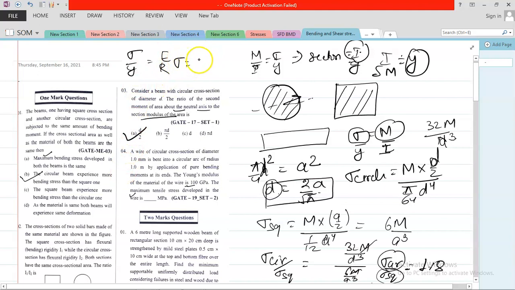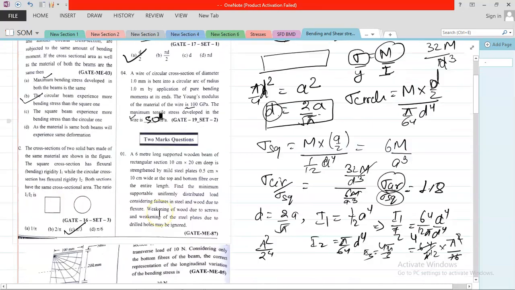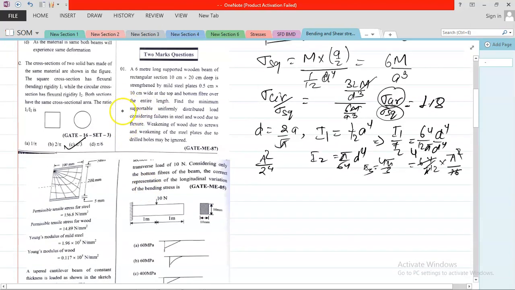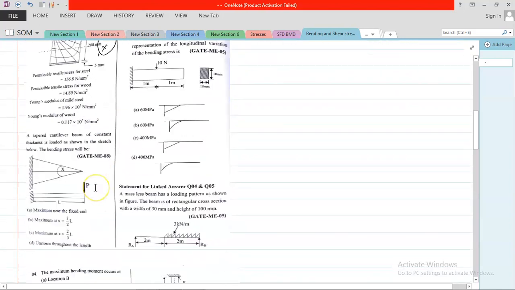So the value is 100 × 10^3 MPa × 0.5 × 10^-3 divided by 1, which is around 50 MPa. So the answer is 50 MPa. Earlier this type of question was asked, but now this type of question is not asked. It is a gluey type of thing, so it is not asked in today's format.